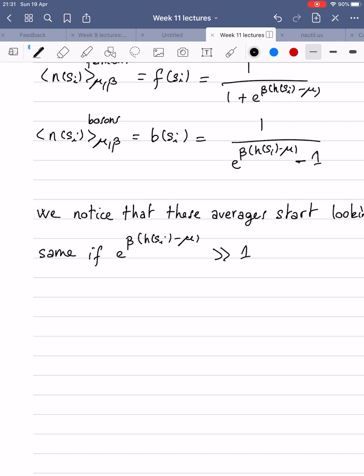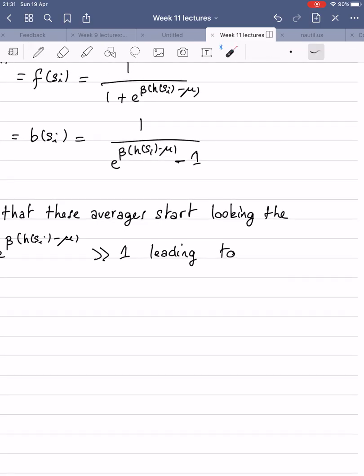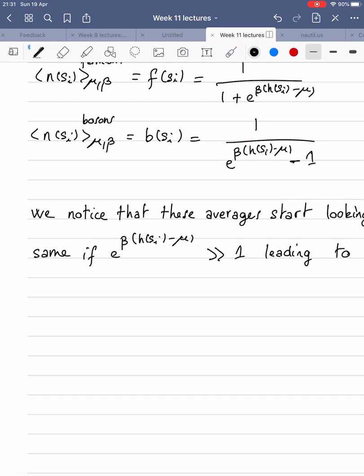In this case, this term becomes much larger than this one, and this term becomes much larger than this one. So essentially in this case you will get that F_{s_i} is approximately equal to B_{s_i}, which is approximately equal to exponential minus β(h(s_i) − μ).